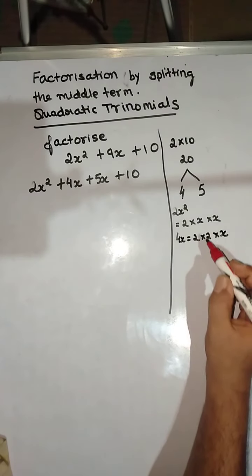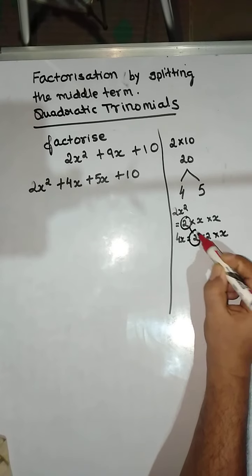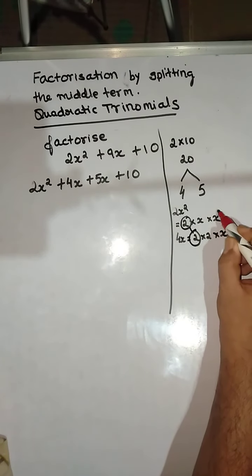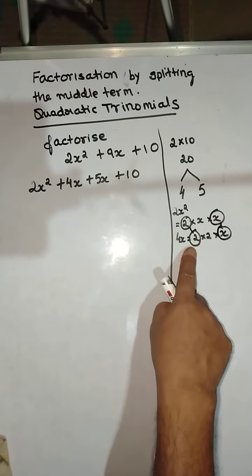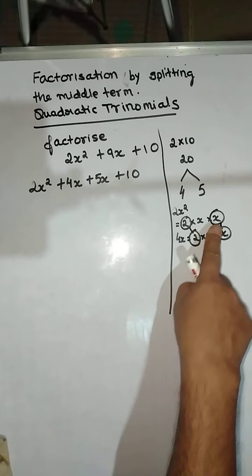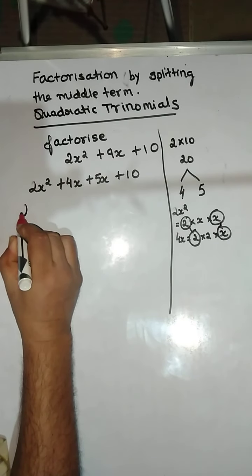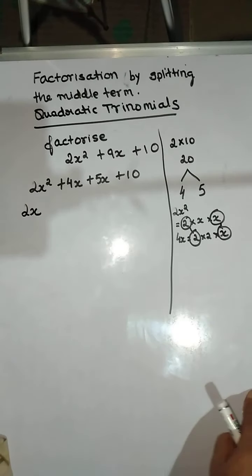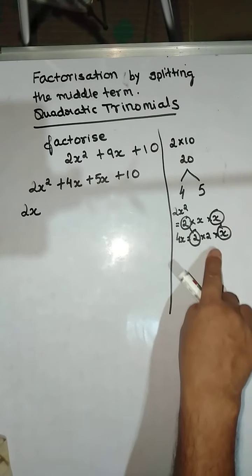Now you will see the common factors here are 2 with this 2 and x with this x. They are common. So for every pair that is common, I take both of them out and I write here 2x. What is left is these two, the non-common ones.